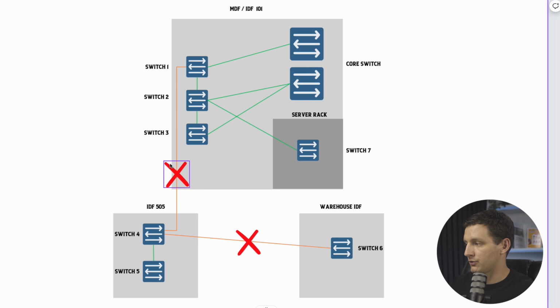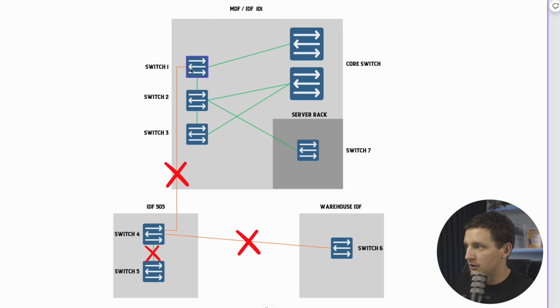So switch 4 and switch 6, that link will not work anymore. Switch 4 to switch 5 will not work anymore. Well, the links will be up, but it doesn't matter because it can't make its way back up to the network, meaning back up to the distribution layer or the core layer, in order to access the internet or other applications within maybe the server rack. So don't get me wrong, daisy chaining works, but it works when there aren't any issues, right?